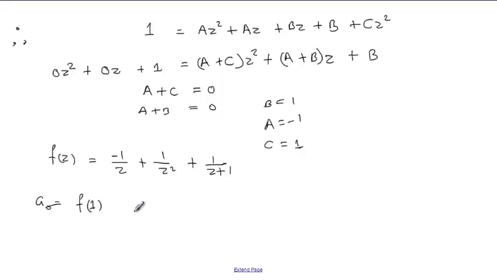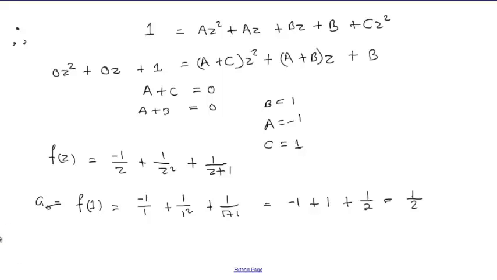Evaluating f at 1, we substitute and get minus 1 over 1 plus 1 over 1 squared plus 1 over 1 plus 1, which we get here as minus 1 plus 1 plus half, which gives us half.